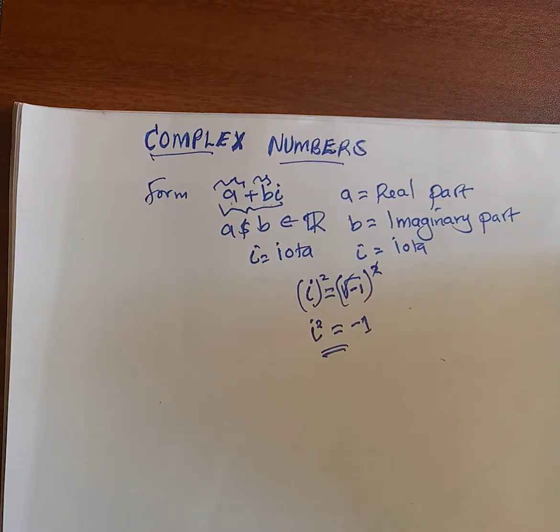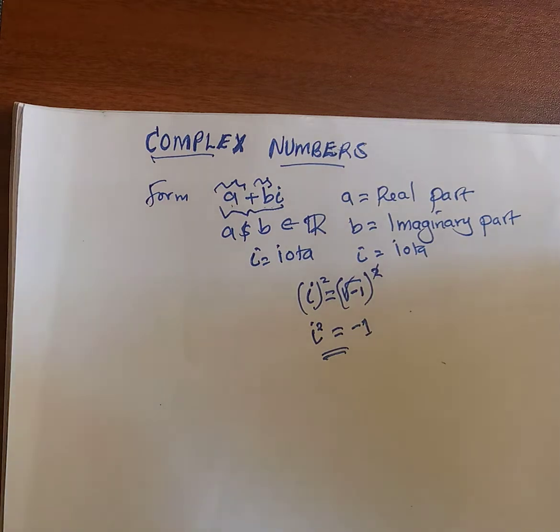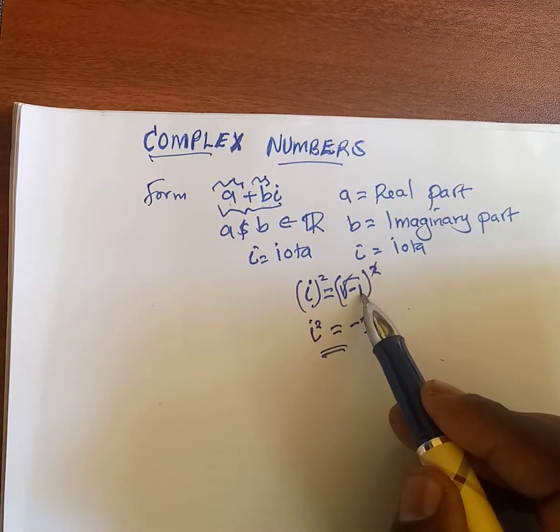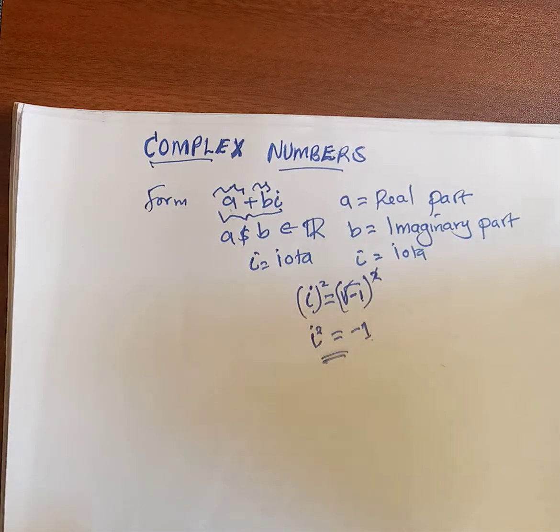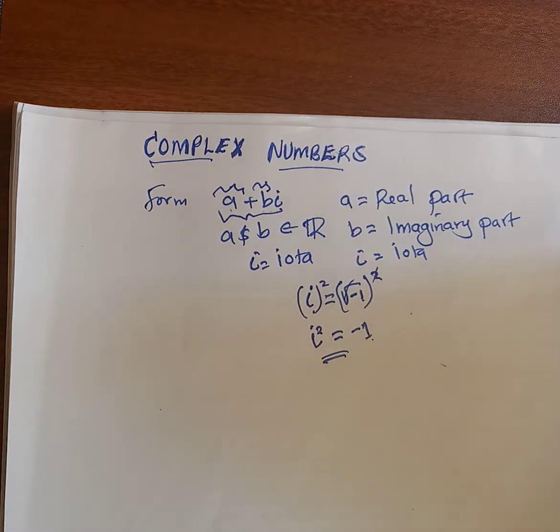So in our arithmetic computations, we shall be treating I as root -1, or -1 equals I squared. Okay? I hope for complex numbers, the constituents and what those symbols mean are well understood.